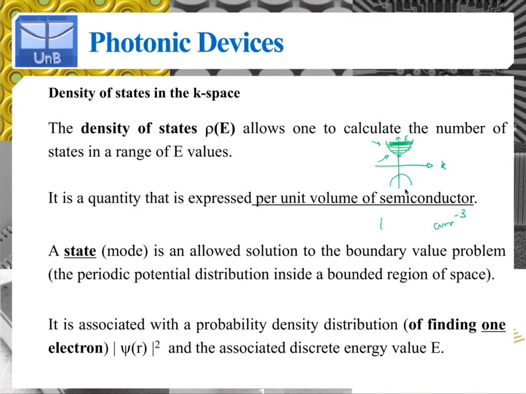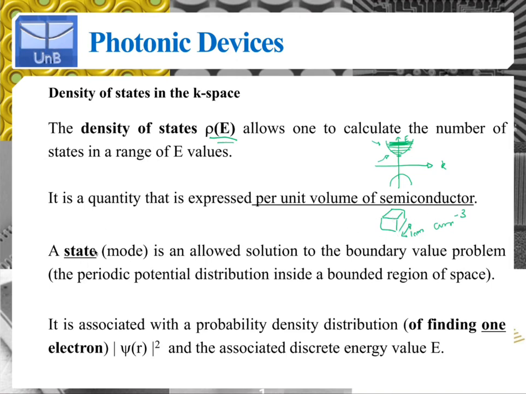So if you take a small cube of semiconductor with a side of 1 centimeter, rho is going to be the density of states per unit volume, or in this case, per cubic centimeter.